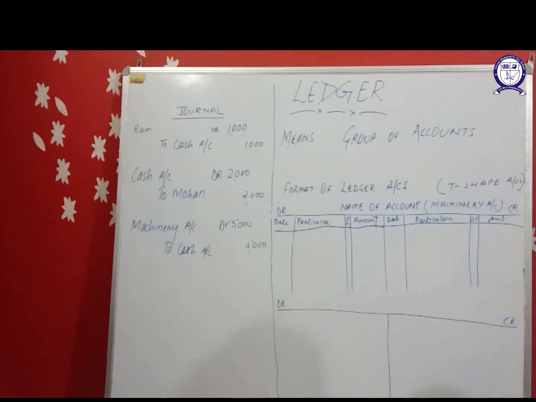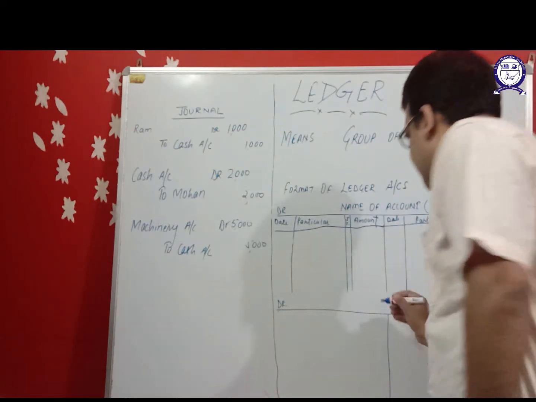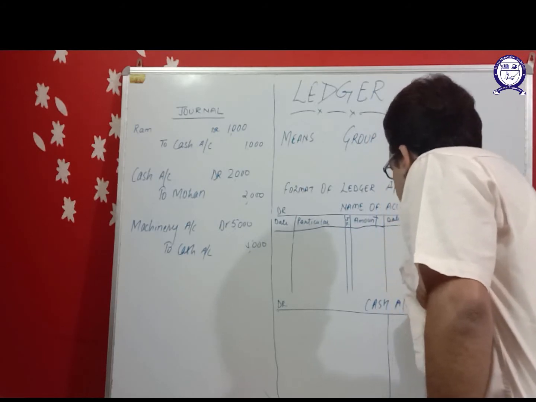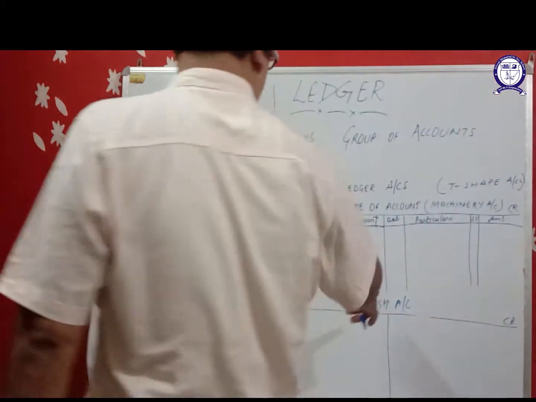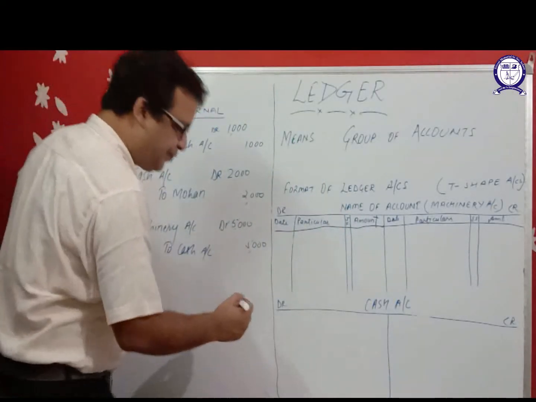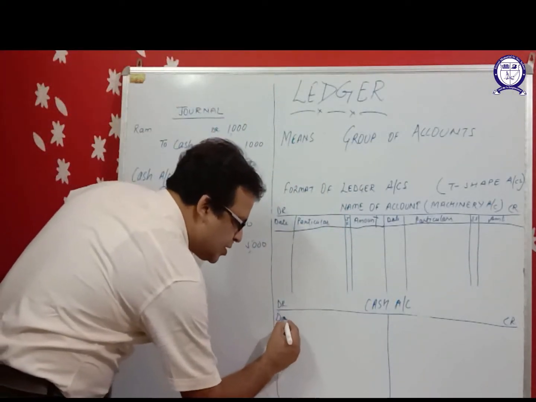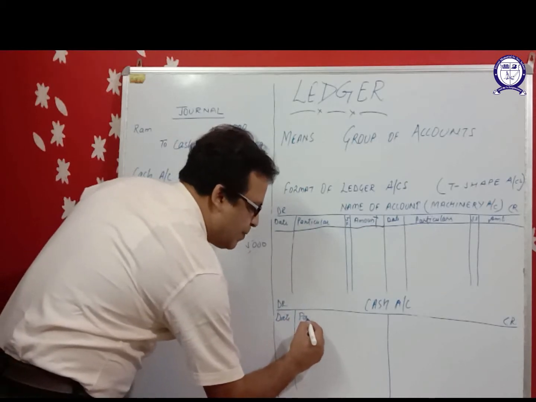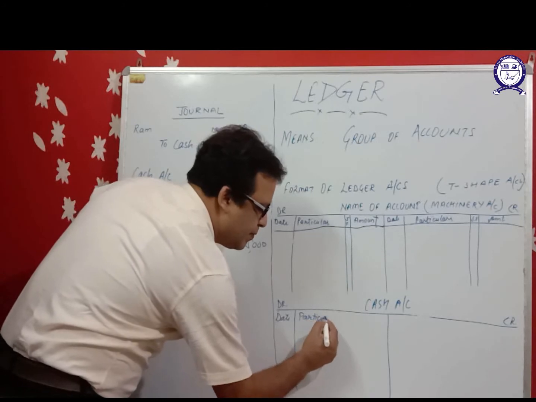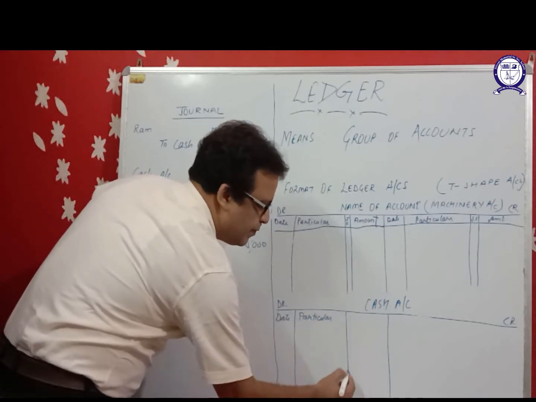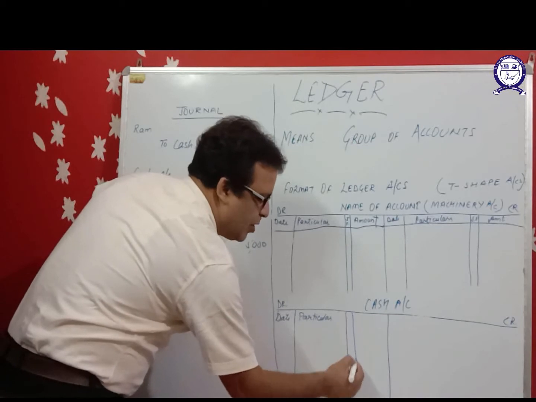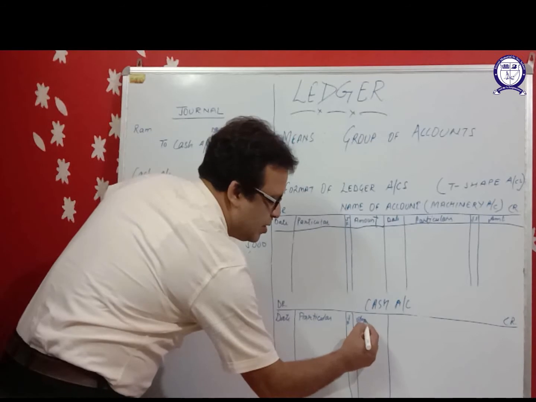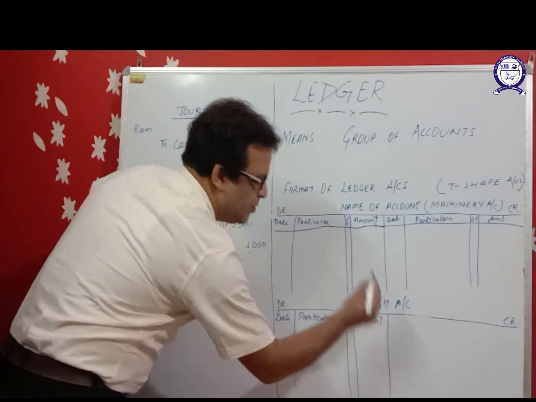Now suppose we are preparing the next account, that is cash account. So we will write here cash account. First column for date. Second column for particulars. Next column for journal folio. Next for amount.